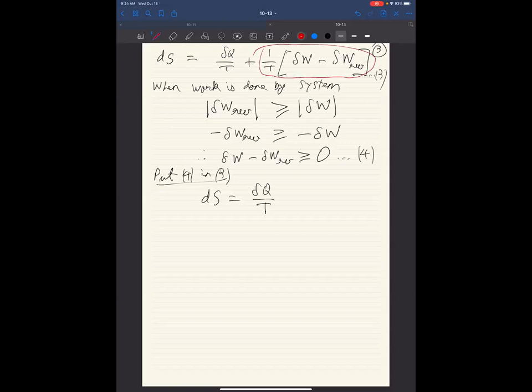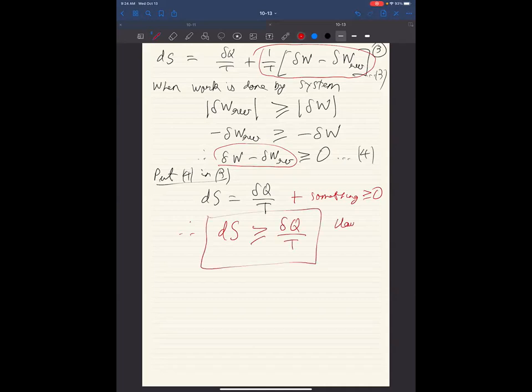It's more than or equal to 0, right? That's what we showed over here. Temperature cannot be negative, we are working in absolute kelvins. So this is positive, plus something more than or equal to 0. Therefore, dS is more than or equal to delta Q by T. And this is equivalent to the second law of thermodynamics. And this is called Clausius inequality.